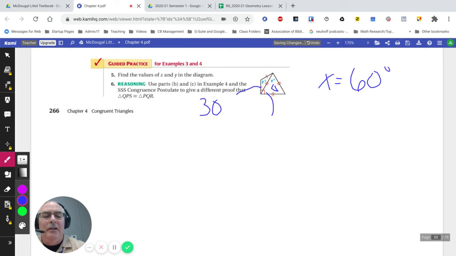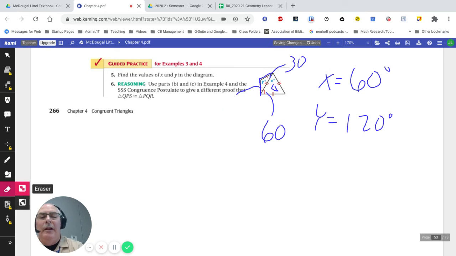So that's going to be 30, that's going to be 60. If that's 30, because here I'm looking at now an isosceles triangle, I know that side's going to be 30. So I'm able to solve y because 30 and 30 is 60. All three have to add up to 180. So now I know y equals 120 degrees.